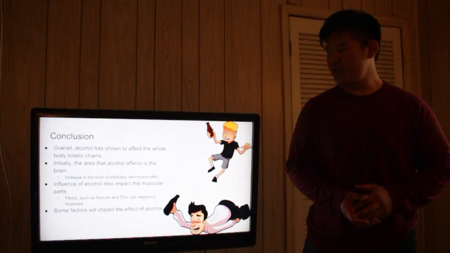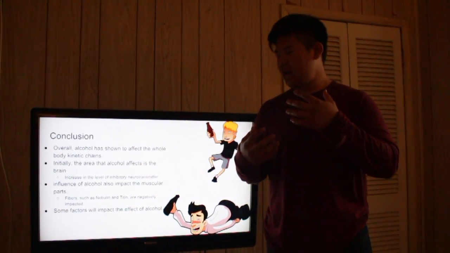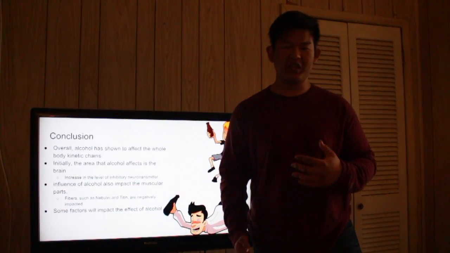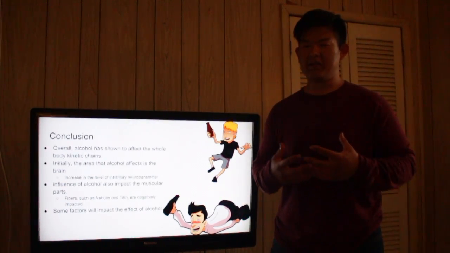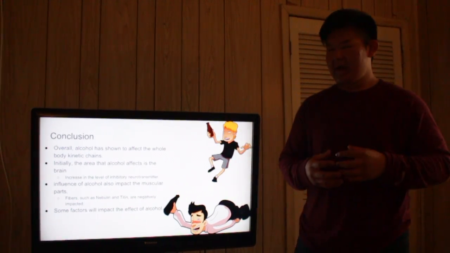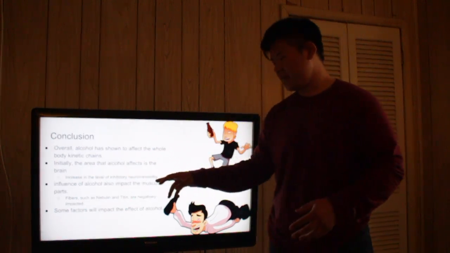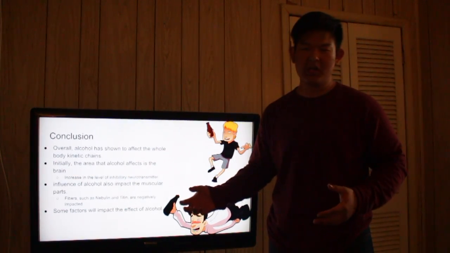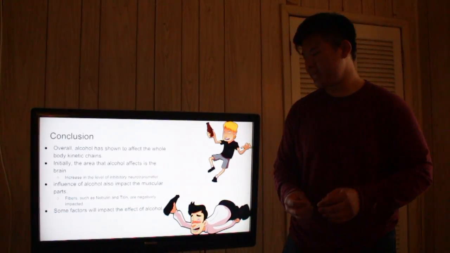So in conclusion, alcohol has proven to affect the body in all of the kinetic chain from top to bottom. Initially, alcohol would affect the individual in their cognitive brain functionality. Increased alcohol consumption also increases the level of inhibitory neurotransmitters, which slow down the brain chemistry of neurofiring.